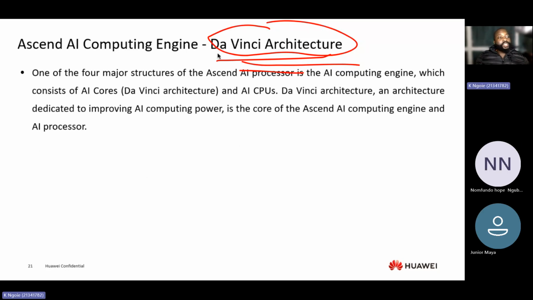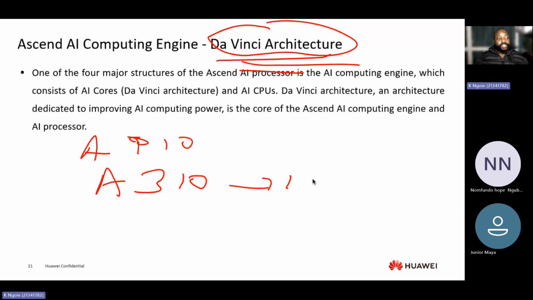Now, when we look at all these AI processors, for example the Ascend 910, the Ascend 910 is not built the same way as the Ascend 310. If you're looking for an AI processor or an accelerator for inference, you will be using the Ascend 310.